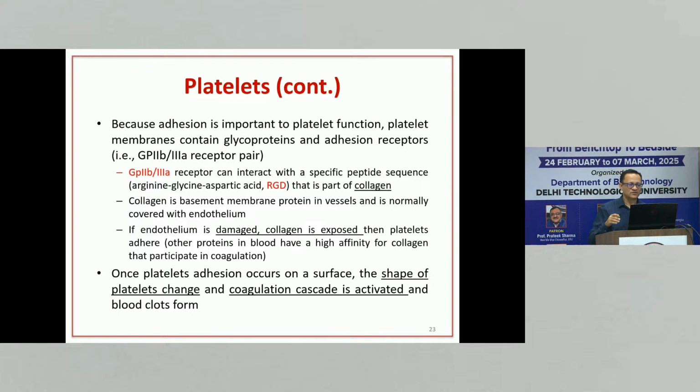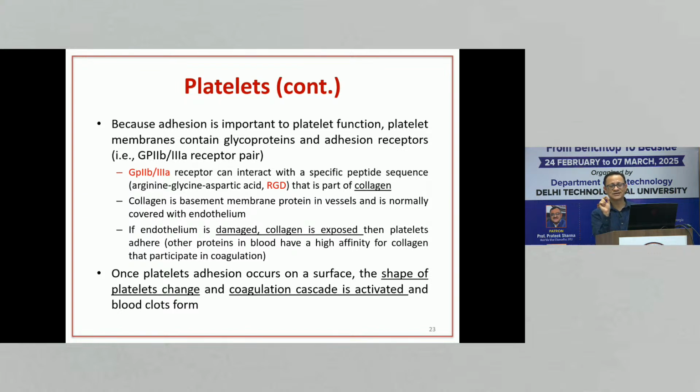So let's read: because adhesion is important to platelet function, platelet membranes contain glycoproteins, the GP2B3A receptor. GP2B3A receptor can interact with the RGD sequence that's present in collagen and fibrinogen, right? And there is another receptor which we'll talk about, GP1B I think, that is also present on platelets and interacts with collagen.